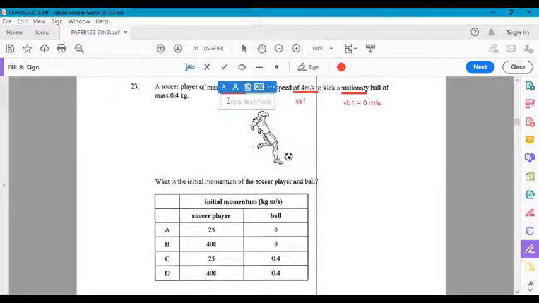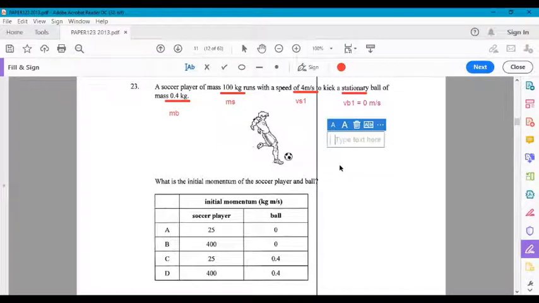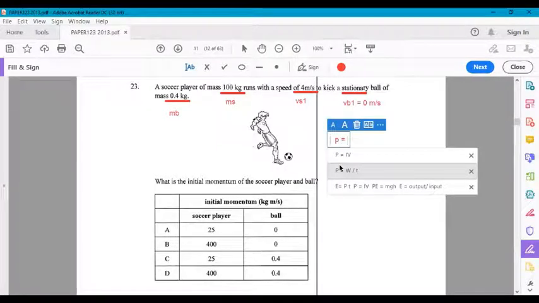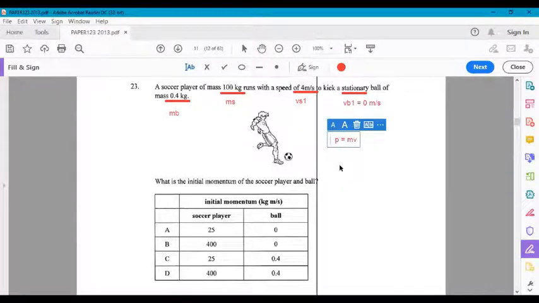This is the mass of the soccer player, and this is the mass of the ball. We're told it is 0.4 kilograms. Okay, mass of the ball. All right, so momentum is given by the formula P for momentum, mass multiplied by velocity.